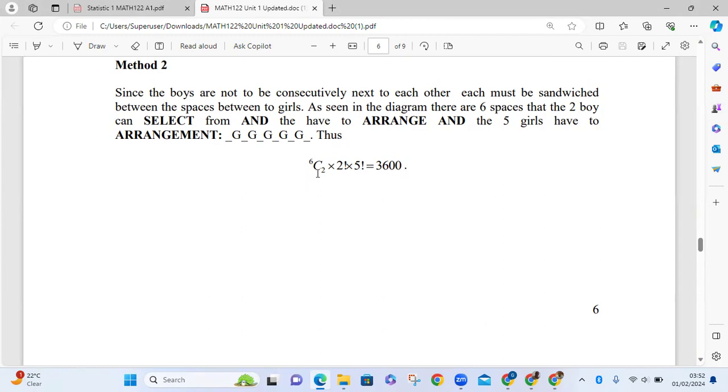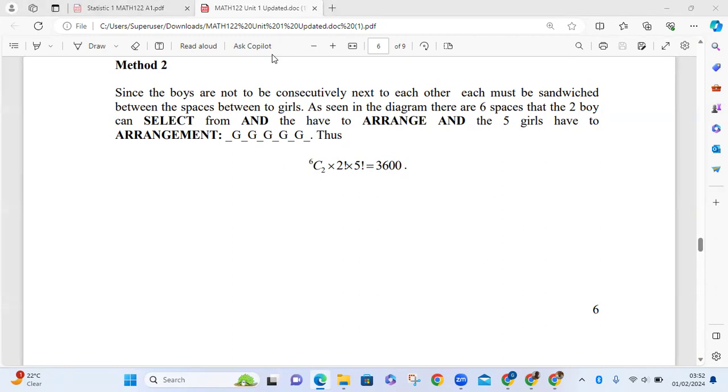So 2 boys selecting from 6 spaces, that's 6 choose 2 times 2 factorial, where you are arranging the 2 boys, and at the same time you're going to arrange the 5 girls, and that will give you the answer directly, which is 3,600.